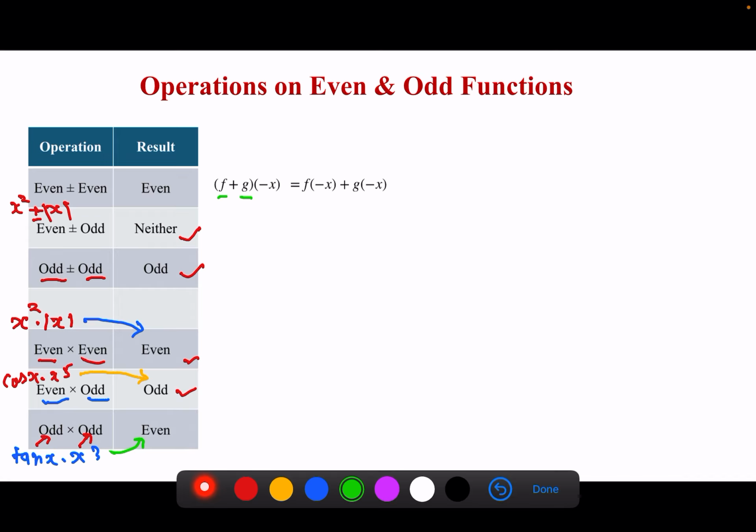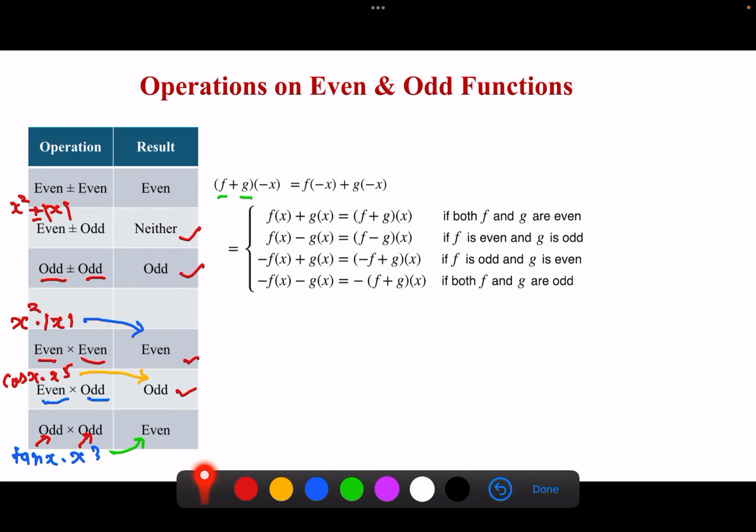So (f plus g)(minus x) we can write as f of minus x plus g of minus x. Now four cases arise. First, if both functions are even, then f of minus x will be f of x, g of minus x will be g of x. That can be written (f plus g)(x). So if both functions are even, we are getting the original function value, hence f plus g will be even.